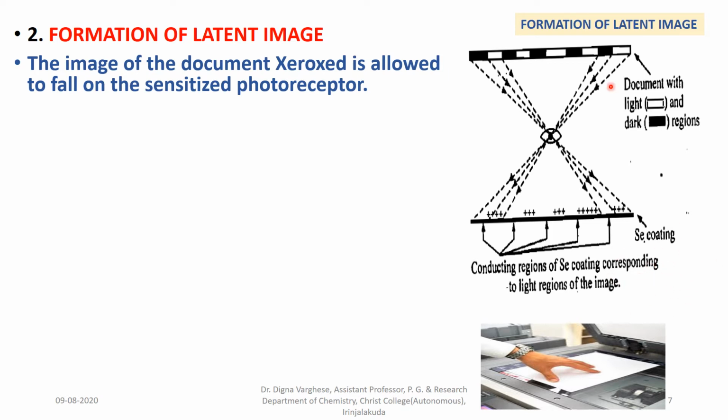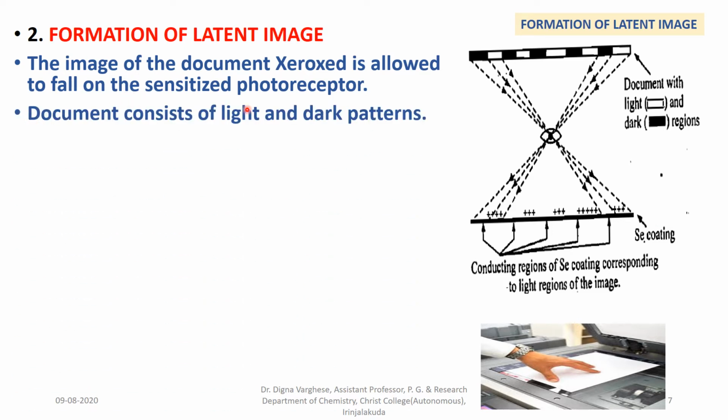The document to be photocopied begins to pass over the rotating drum. Here, the conducting regions of the selenium coating correspond to the light regions of the image. The document consists of light and dark patterns.